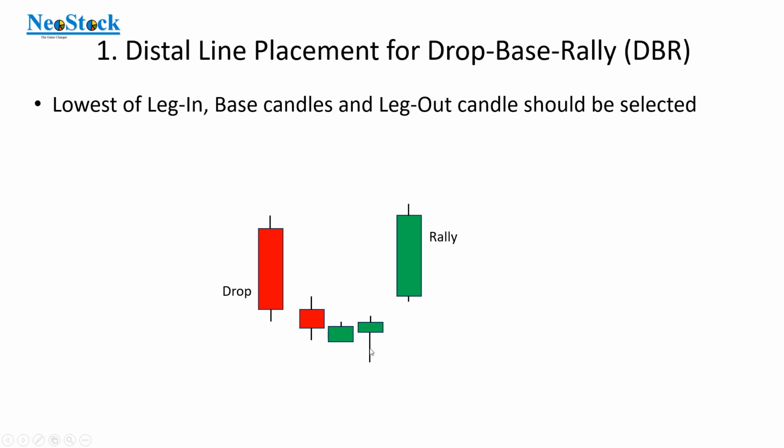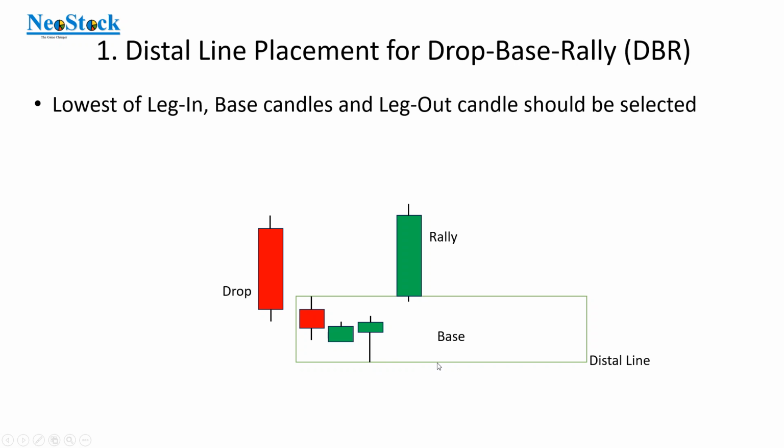The base candle has the lowest value. So your distal line should be here at this low. Let us draw the base, and this is the distal line. Among leg in, base and leg out, currently the base has the lowest value.